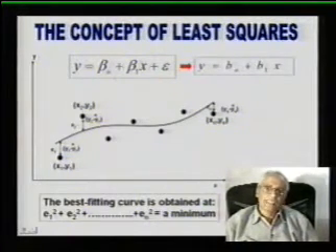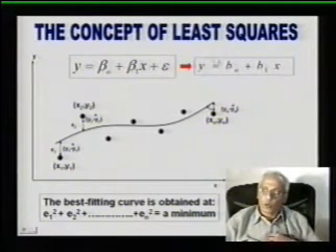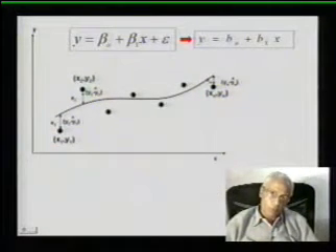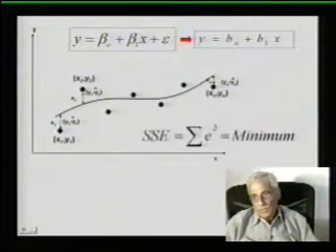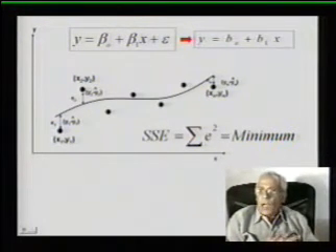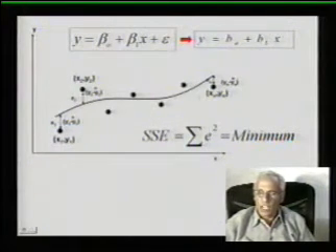And that is the line that will yield good estimates of beta 0 and beta 1, or good values of B0 and B1. Okay? So now we agree that the least squares method relies on minimizing the sum of squares of these deviations from the real points to the predicted or the line points.